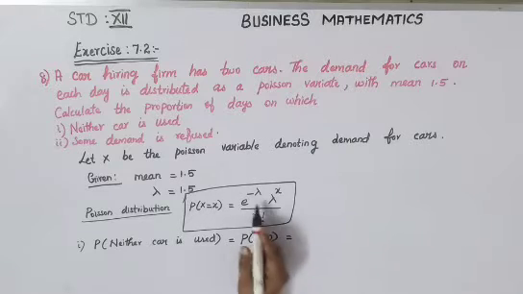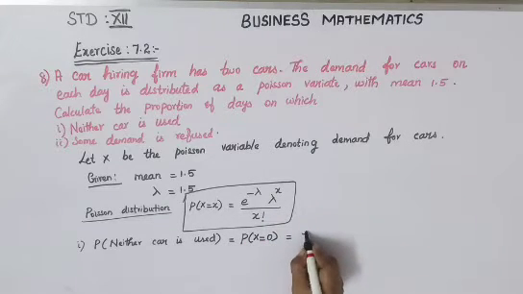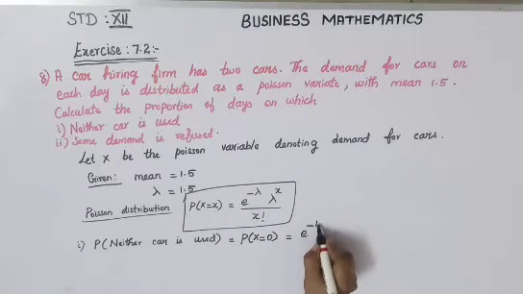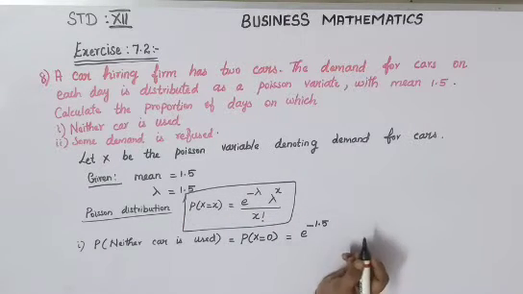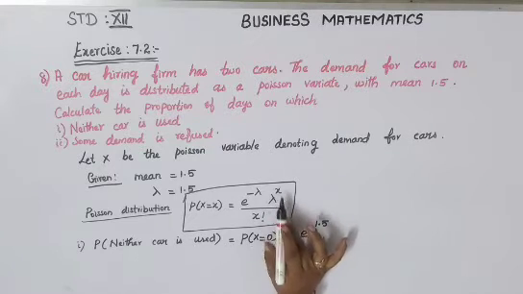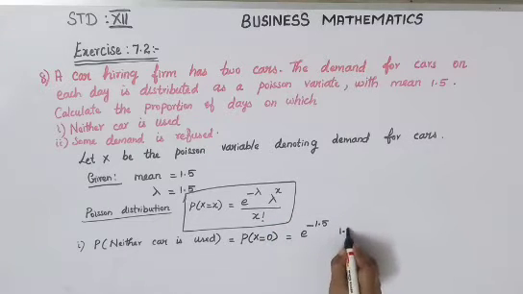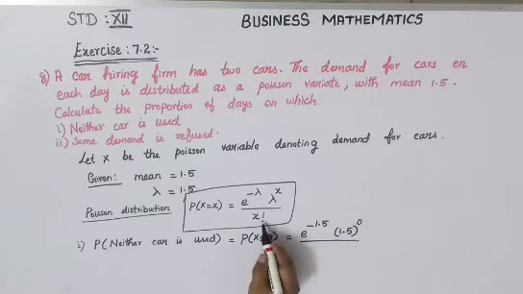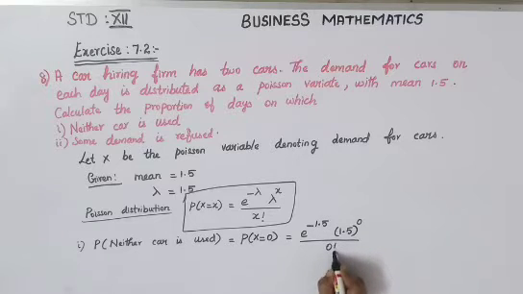Now you can substitute in this formula. So you get e power minus lambda, lambda is 1.5. So e power minus 1.5 into lambda power x. So lambda is 1.5, power x is here 0, divided by x factorial, so we'll get 0 factorial.